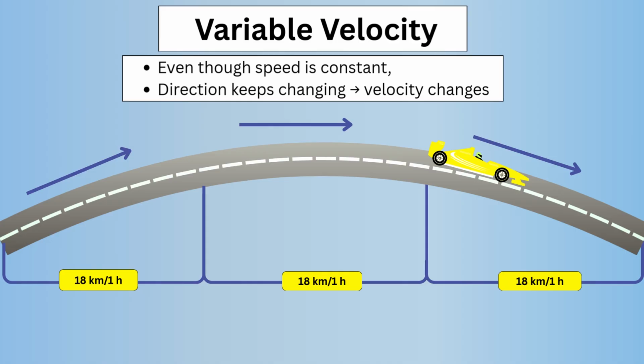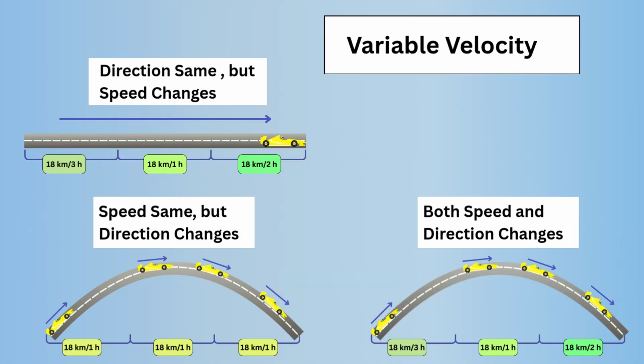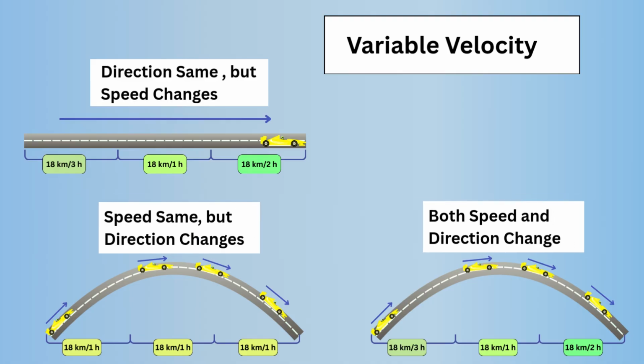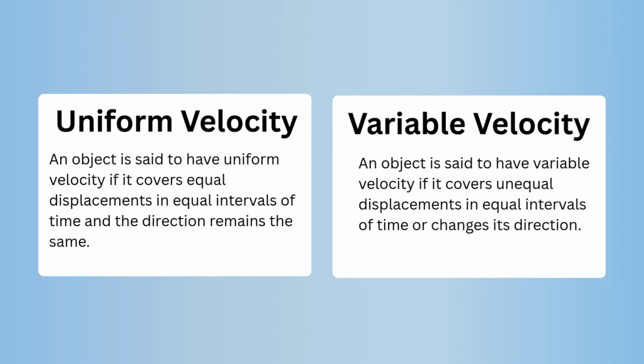Velocity becomes variable in any of these situations: if the speed changes, if the direction changes, or if both speed and direction change. If any of these conditions occur, velocity cannot remain uniform. To summarize, uniform velocity occurs when an object moves with the same speed and in the same direction. Variable velocity occurs when the speed changes, or the direction changes, or when both change.